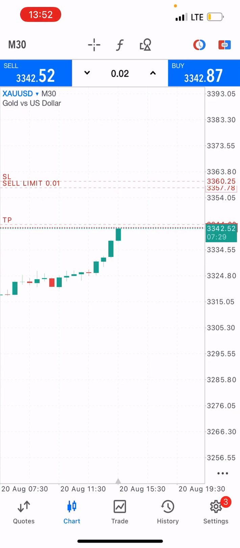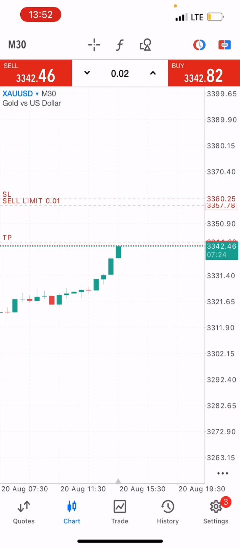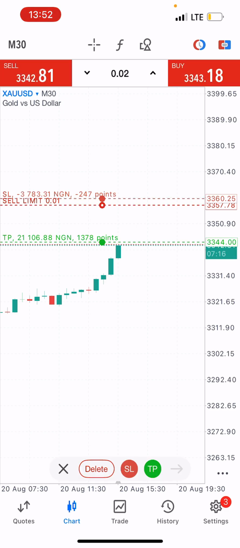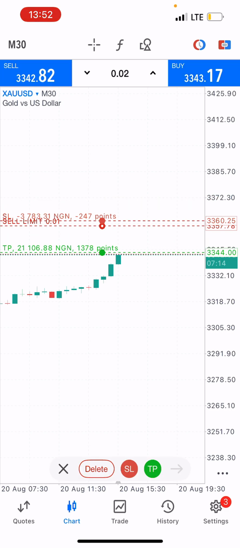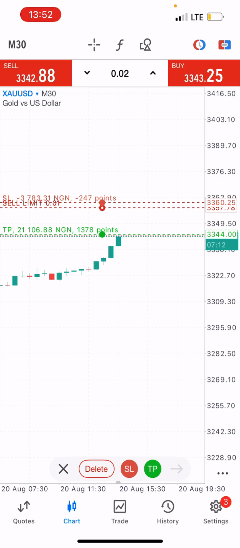But if you sell at 3353, since sell is always up coming down, buy is always down coming up, because you want to buy from down and sell from up. If you're selling at 3353, it means that you're selling at a lower risk, higher profit.